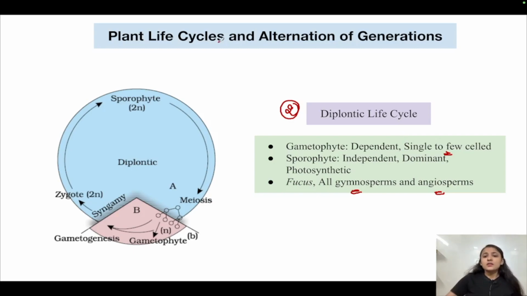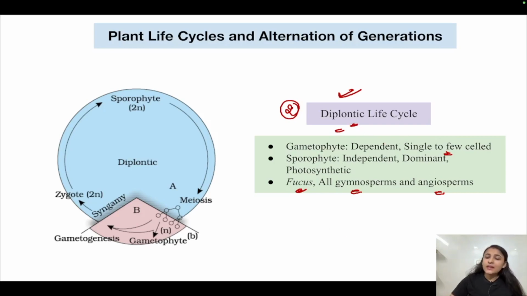Why did I say algae? You must be wondering, because for this diplontic life cycle, exceptions are always there. So there is one of the algae which is known as Fucus, which shows this diplontic life cycle. Although the majority of them show the haplontic life cycle, Fucus, this algae, which is also known as the brown algae, shows the diplontic life cycle.